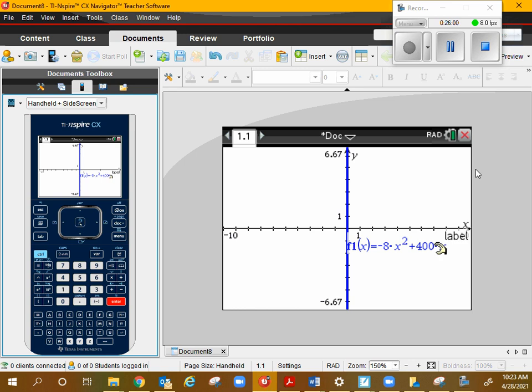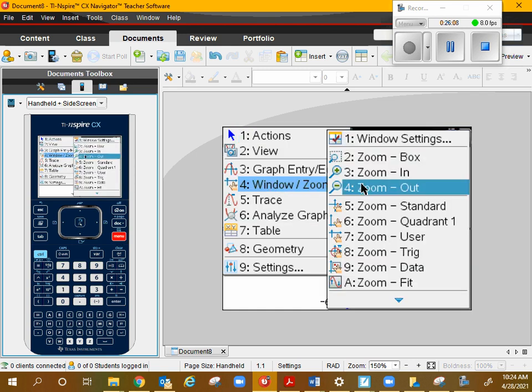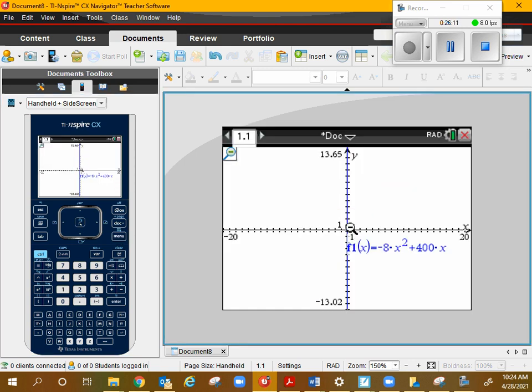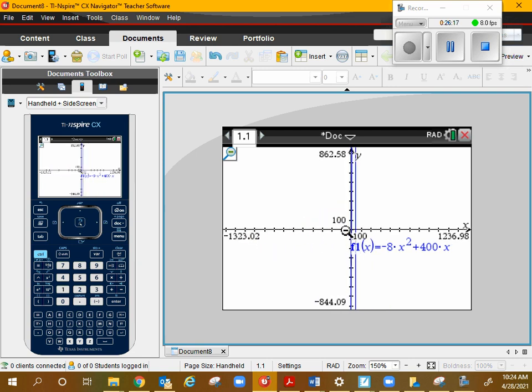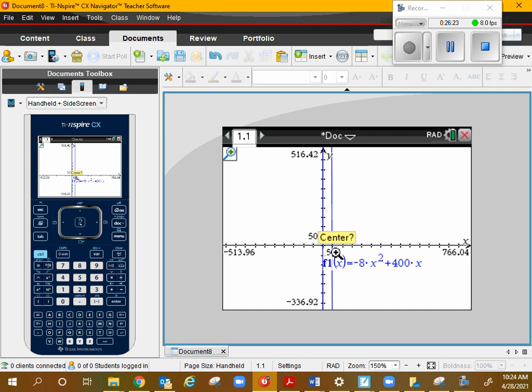You're not going to be able to see much because it's a huge parabola. You can pull up the table, but if I want to zoom it out, I can go to Window, Zoom, and I can keep going until I see everything, which is going to take forever. Let me zoom back in. This might not be a good one to check.